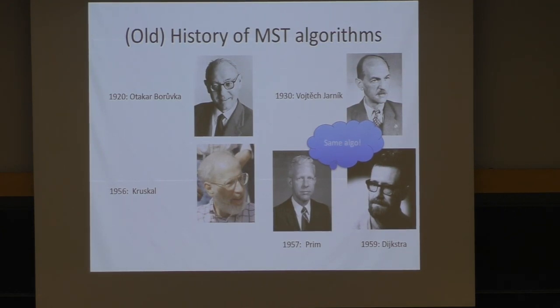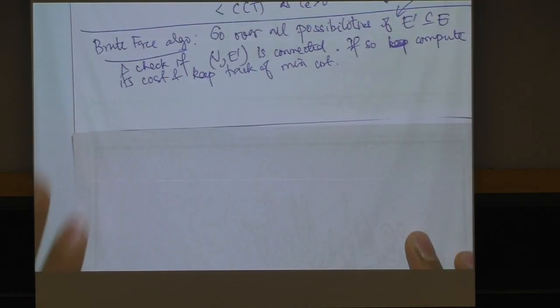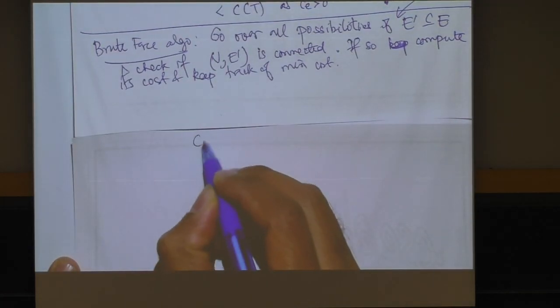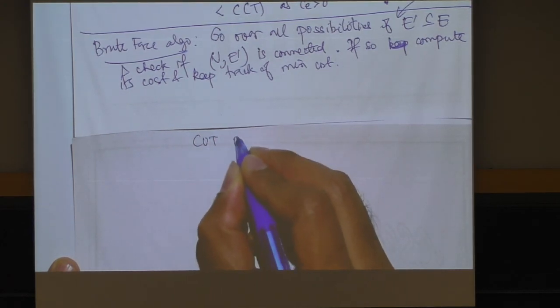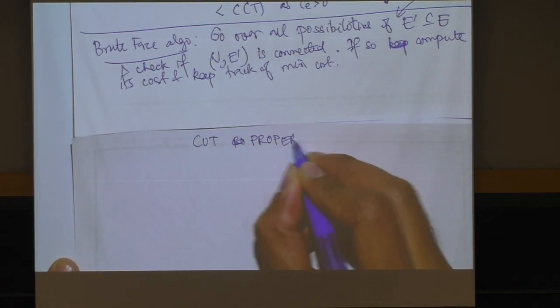The runtime is something that we'll ignore, again not because it's not interesting, but there are lots of interesting data structures involved. I'm just going to assign them as reading for you. All right, so we're going to prove something called the cut property lemma.